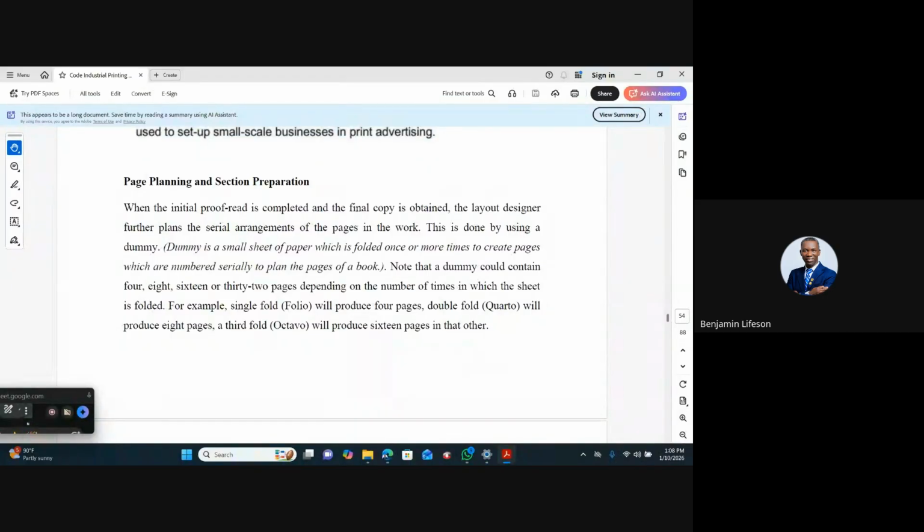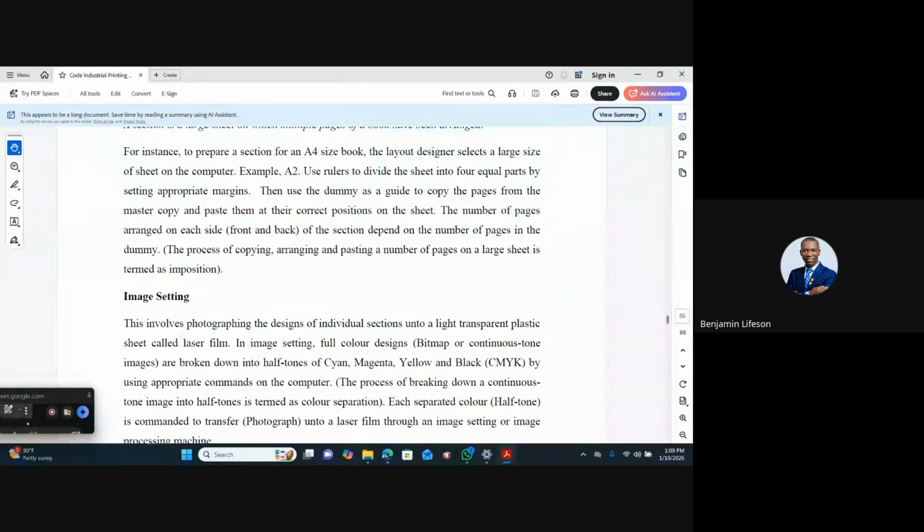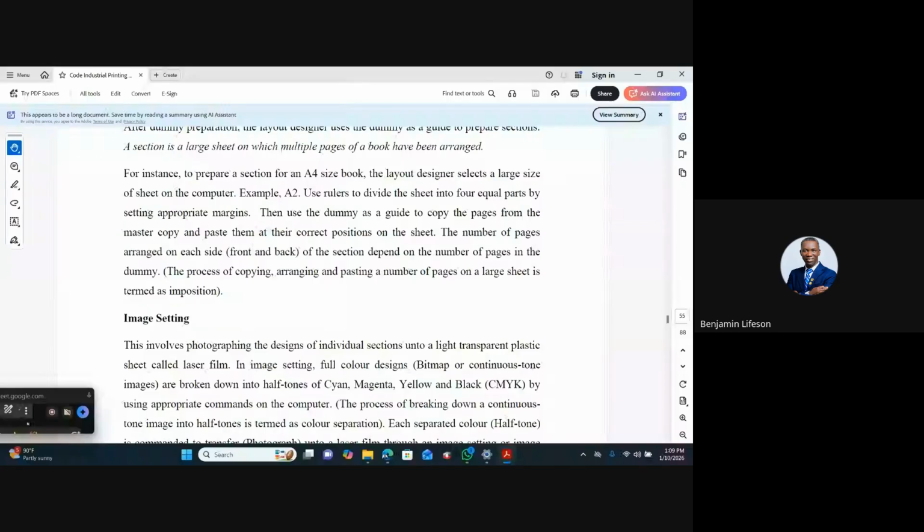So we see that single fold has 4 pages. Double fold will give us 8 pages. A third fold, that is octavo, will produce 16 pages in that order. So that is how it is done over here.